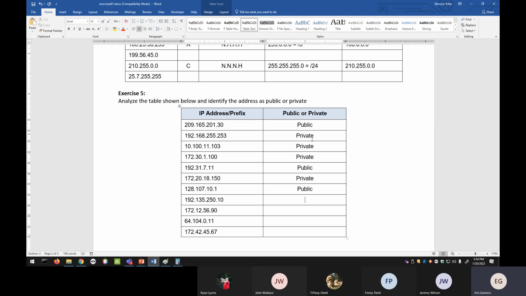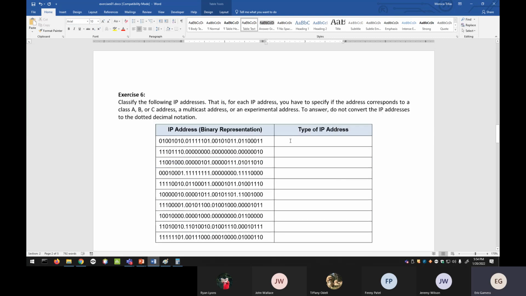Correct. And this one? Correct. So you just need to know the range: which is public, which is private. People that work in networking do know the ranges, because it matters a lot when you configure devices whether it's public or private.